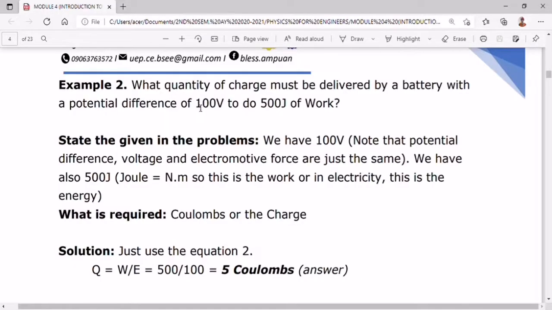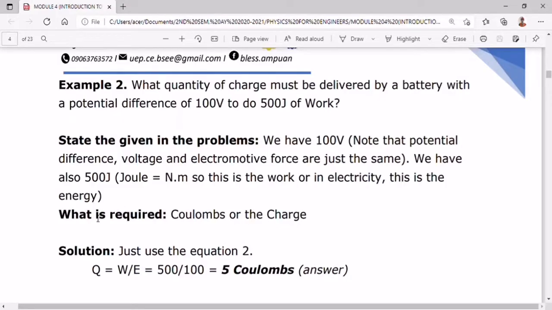The 100 volts here is our potential difference, or the electromotive force. Then the 500 joules is our work, the energy consumed by the battery. What is asked here is again the charge.